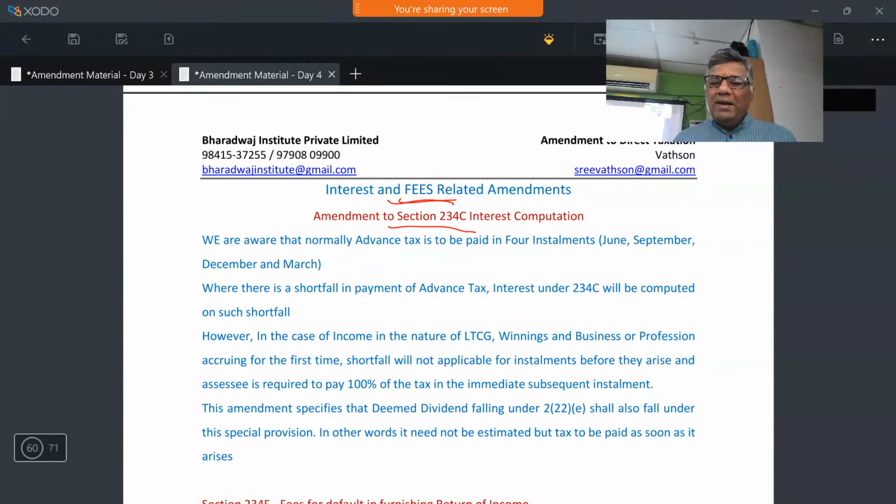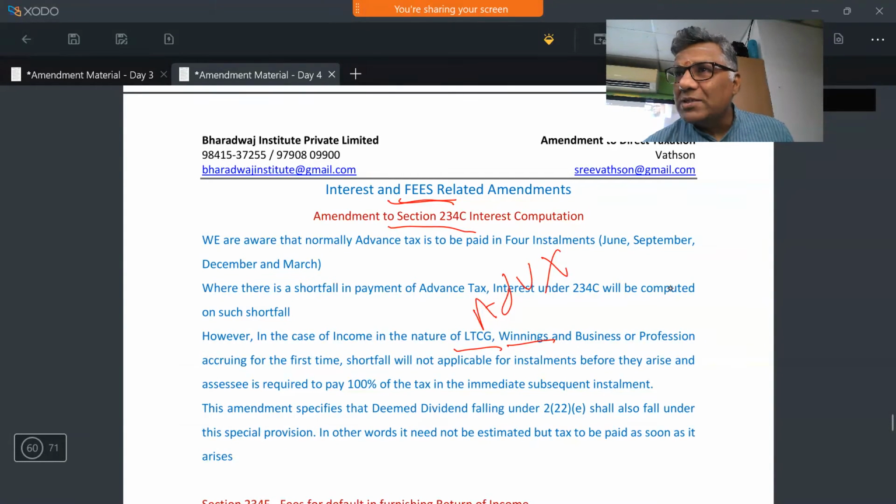So in case of LTCG and winnings, you are not asked to estimate. The law understands, boss, you cannot estimate. I accept you cannot estimate. So advance tax liability will not arise.